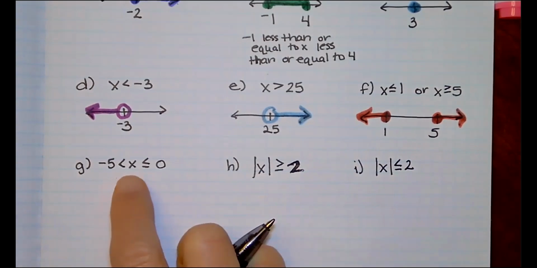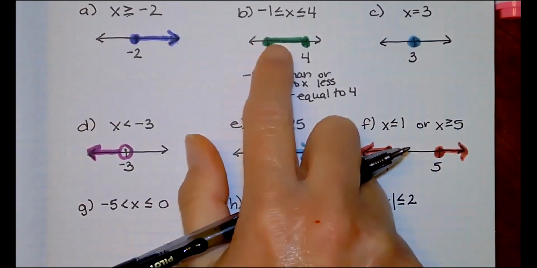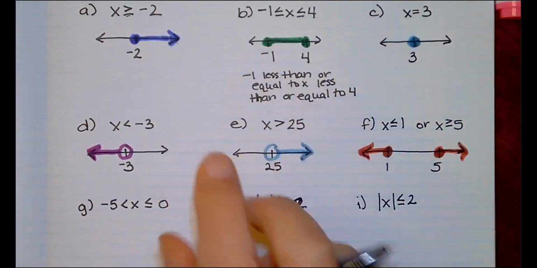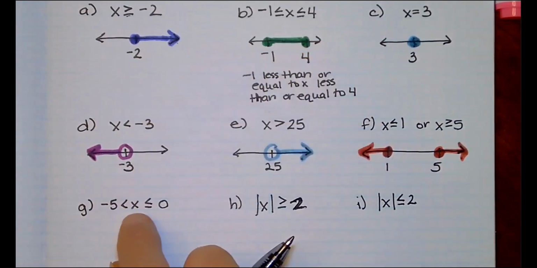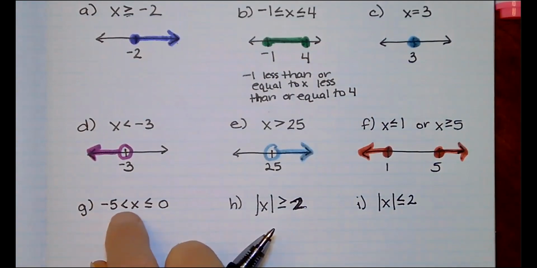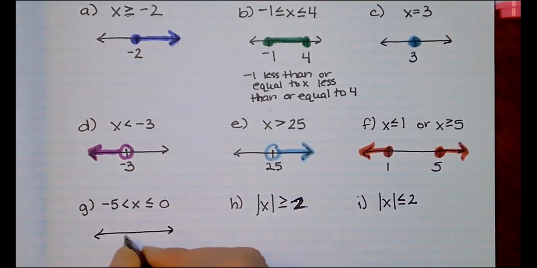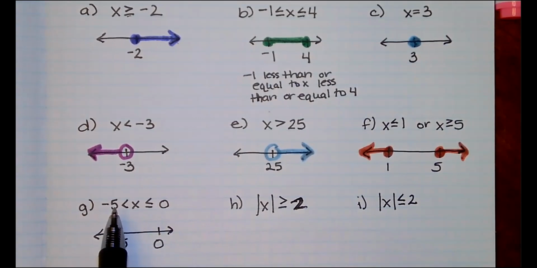Okay, so for this one here, again, this one is like letter B. It is actually an and, I want things that are going to satisfy both situations. So again, this is read -5 less than x less than or equal to 0. So let me get -5 and 0, and -5 should be to the left of 0 because it's smaller. So again, I want my number to be bigger than -5, but not equal to -5.